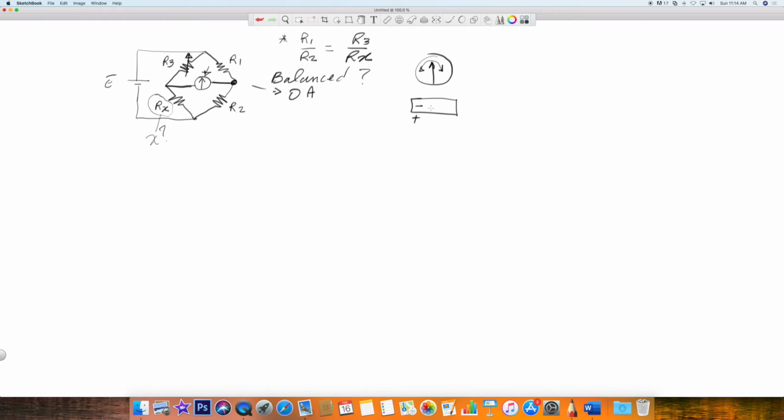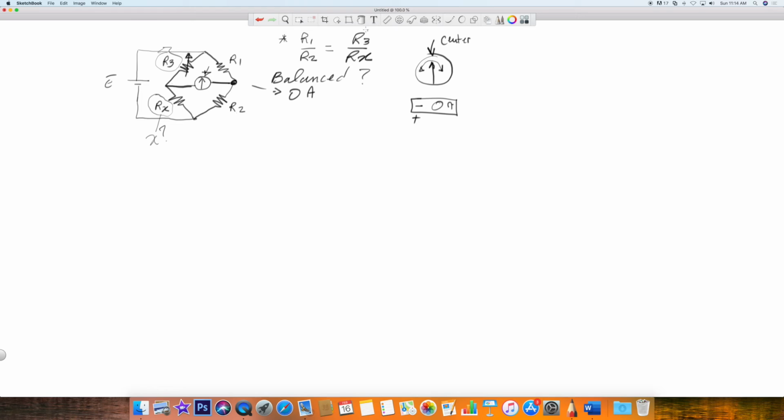Ultimately, we want 0 amps, right in the center of a galvanometer or analog ammeter, to make sure we've tweaked R3 enough, since it's a potentiometer, to where we have no more current in this branch.